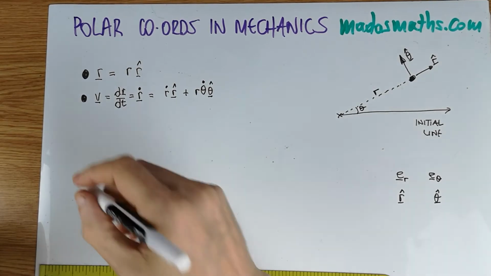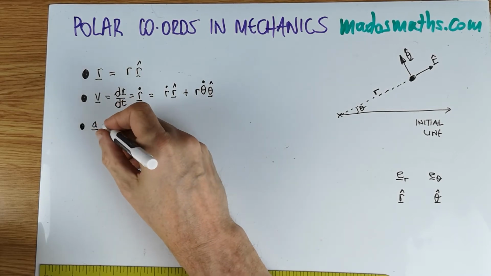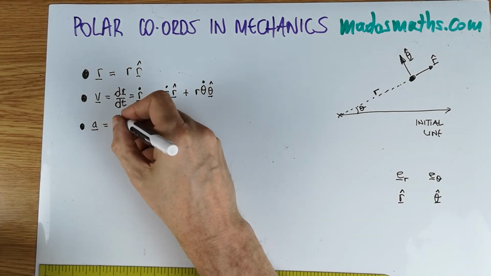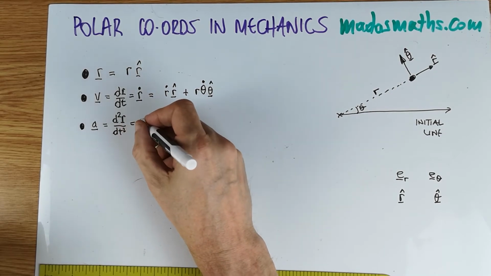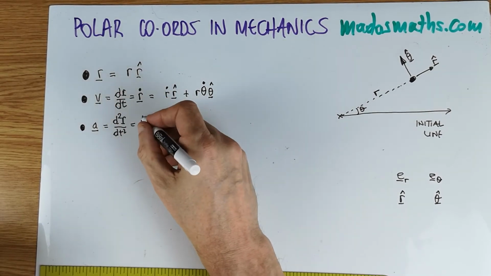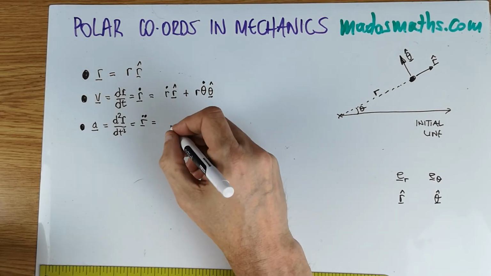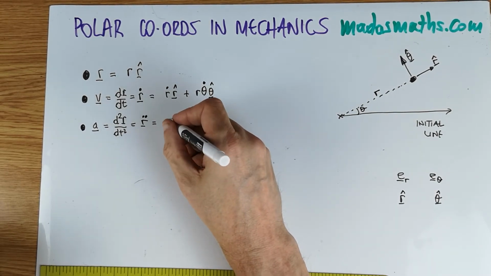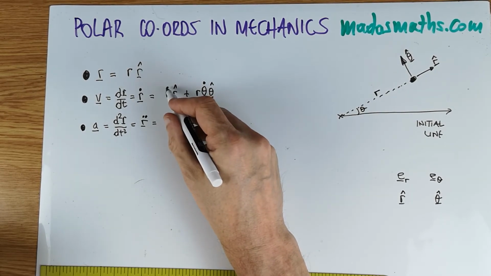I'm going to move from there, and I'm going to try to get acceleration. The acceleration is, of course, your second derivative of displacement with respect to time, which is the vector r differentiated twice. Differentiate your r dot with respect to time, because dots denote differentiation with respect to time.